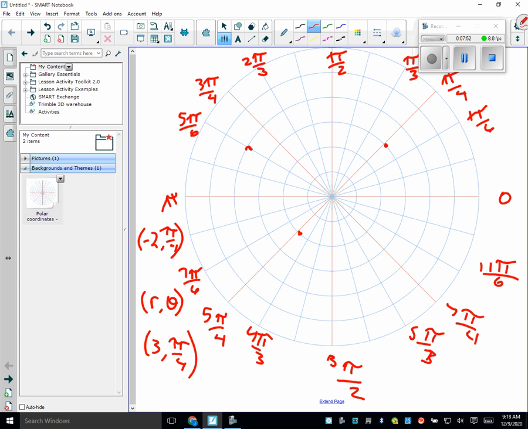Is it 2 pi over 3? It's going to be across the circle, so it'll be 5 pi over 3, or 3 pi over 3. Oh, negative 3, right there. Because it's negative, I go down. Instead of going towards it, the negative takes me away from it.